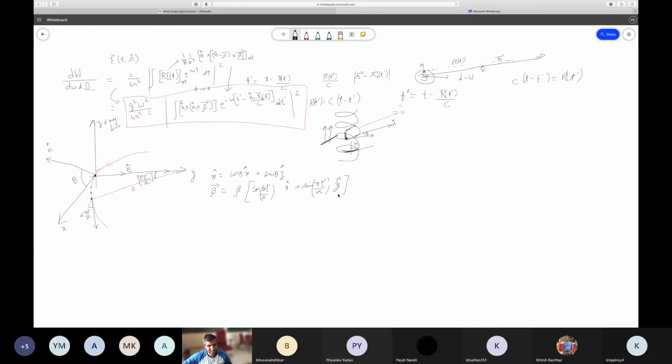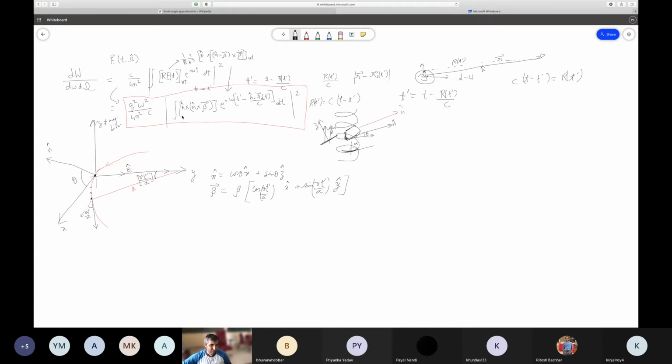The motion is in the xy plane, and this xy plane is at an angle alpha to the magnetic field axis. This is the z axis, and this is the magnetic field direction.